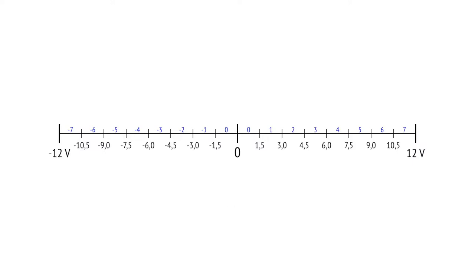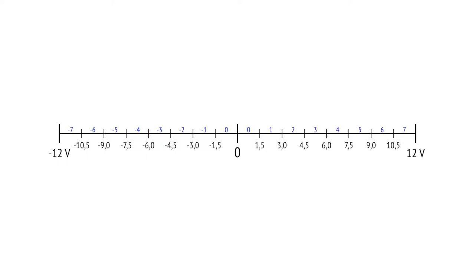These stripes explain how the converter works. For example, when the voltage level is plus 5 volts, then the converter returns number plus 4.5 volts. When the voltage level is minus 7 volts, then the converter returns number minus 6 volts.